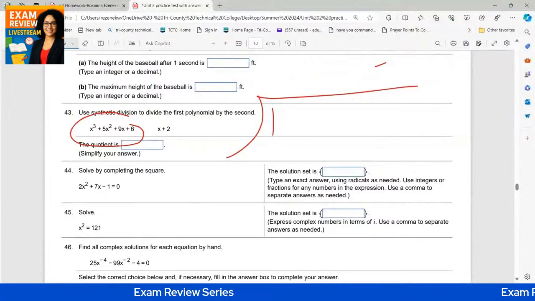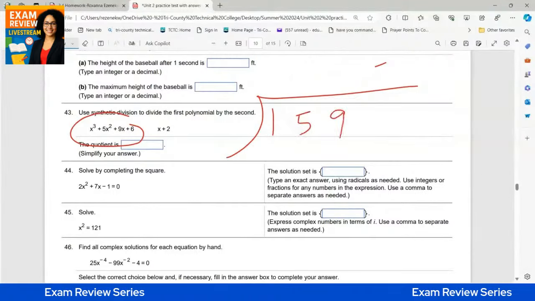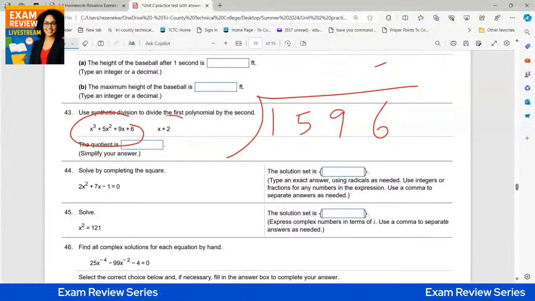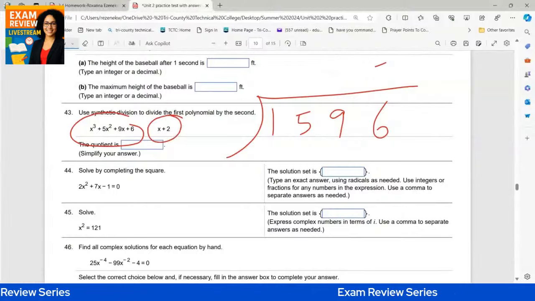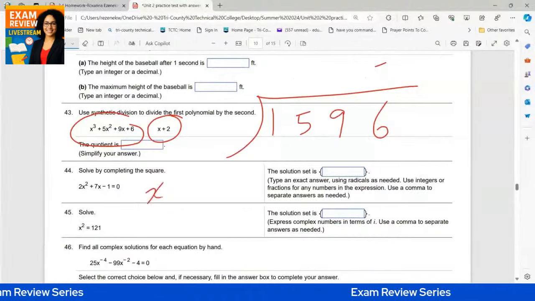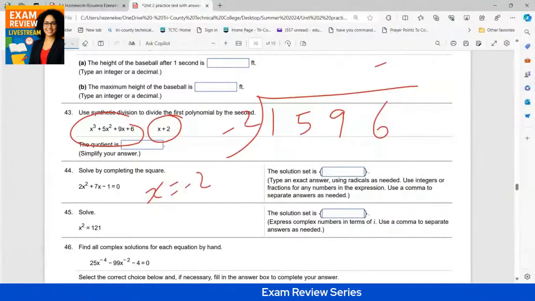The other coefficients are 5, 9, 6. It is in standard form, and I have collected the coefficients. The divisor is x plus 2, but since I'm doing synthetic division, I solve x plus 2 equals 0, so x is equal to -2.